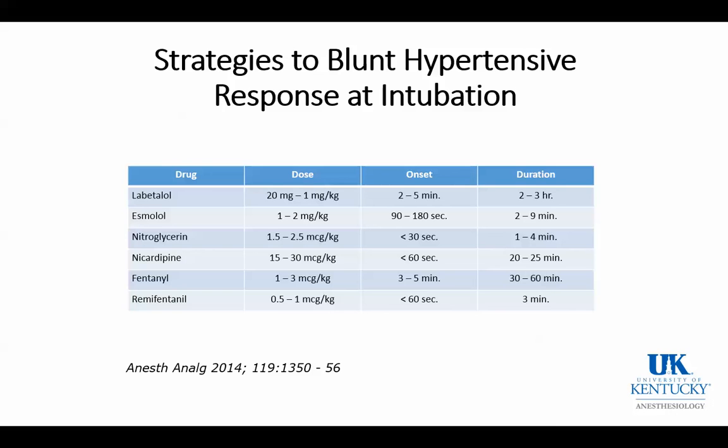So some labetalol, some esmolol, some opioid, especially remifentanil, which is very short acting, so you don't have to worry much about its effect on the baby. Nitroglycerin, nicardipine are other options. You need to realize in terms of your choice how quickly it's going to have an onset and how long it's going to last. But this is a nice table to have as you think about that.